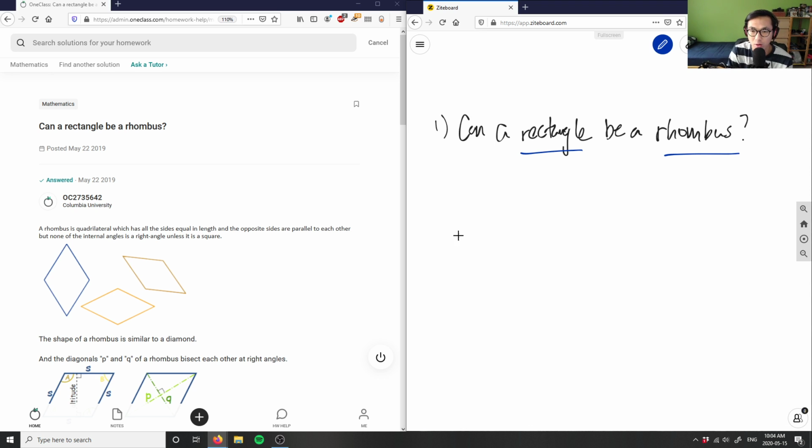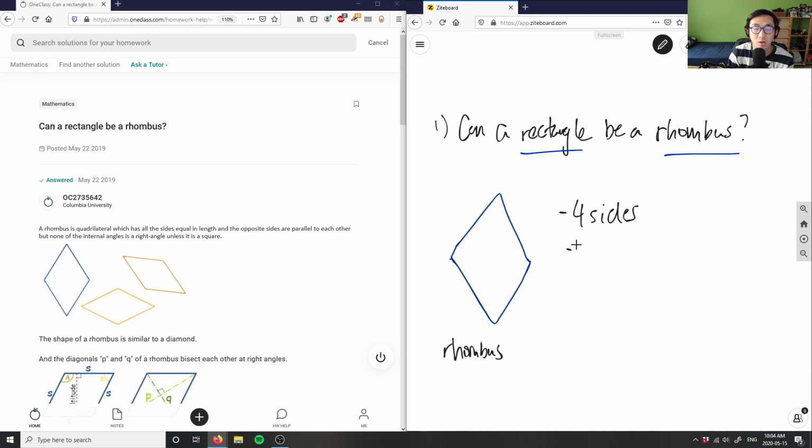So I'm going to draw a rhombus. It might not be perfect here, but I'll try. So this here is my rhombus, and it's basically a quadrilateral, so it has four sides.